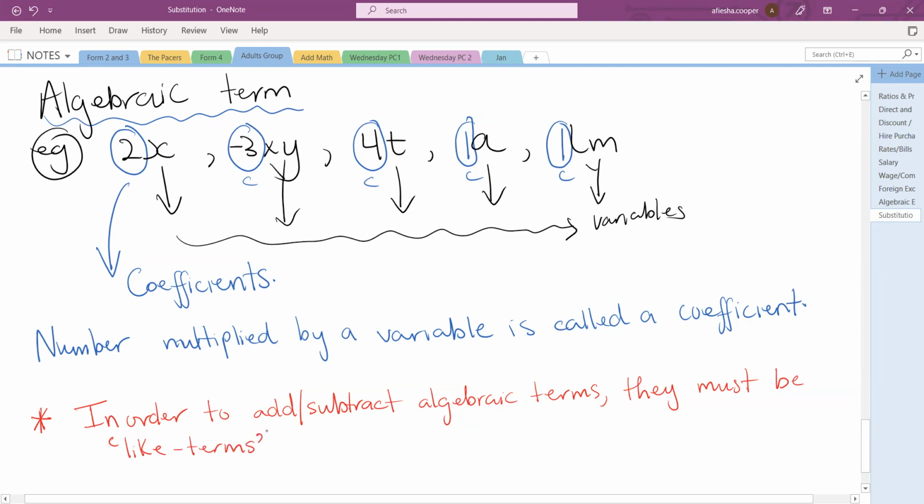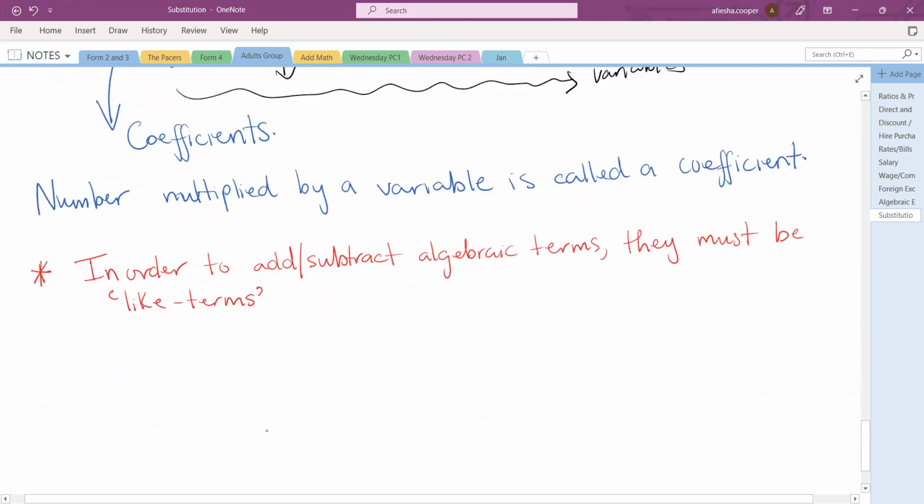What do I mean by like terms? They must have the same variables. And we say in Trinidad, same exact variables. For emphasis, it must have the same exact variable, nothing different, right?